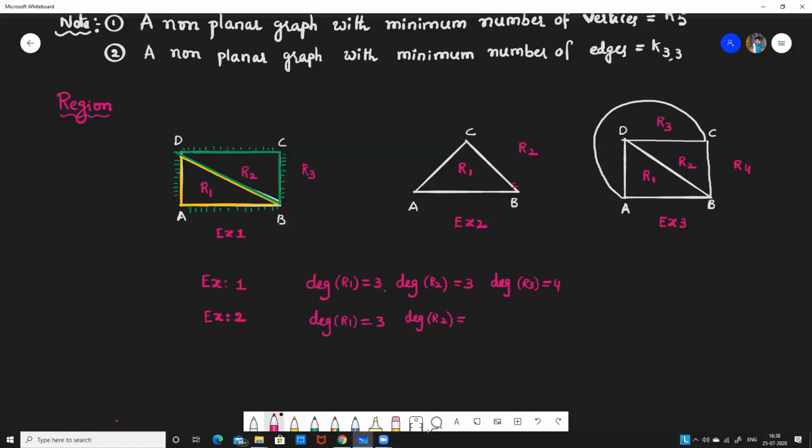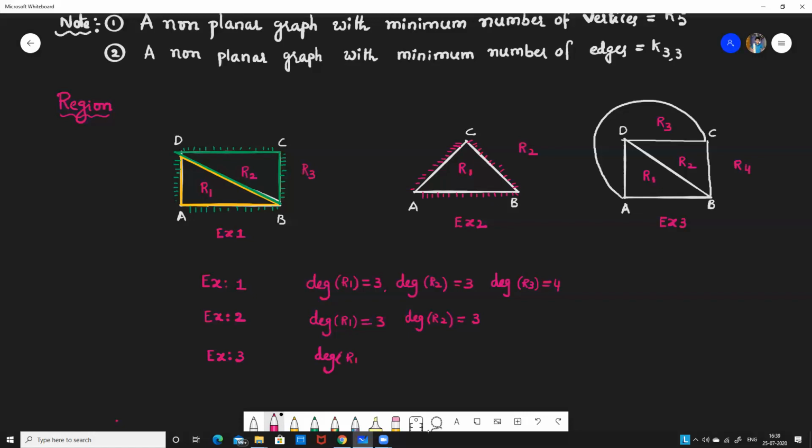Clearly, this edge is exposed to that region, similarly this edge, and this edge also. Clear? So 3 edges are exposed to that region. Therefore, the degree of R2 is equal to 3. Next, in example 3, what about the degree of R1?